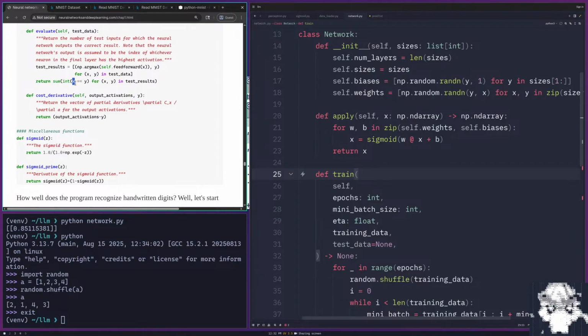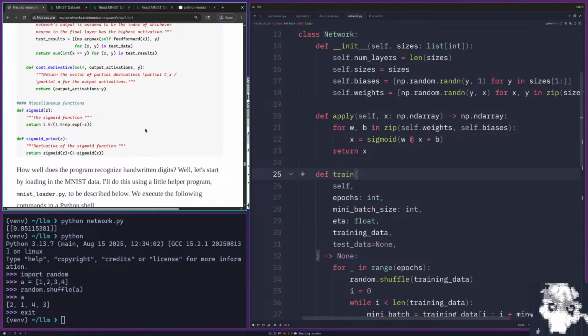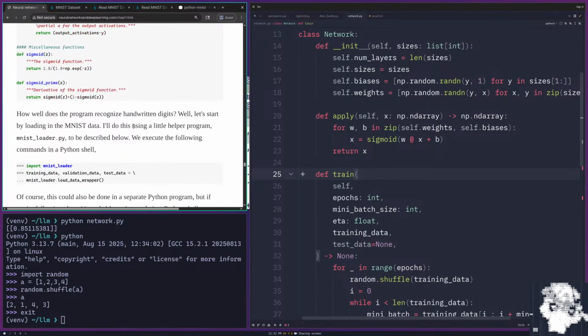So yeah, if the biggest one is equal to y, that means it's right. Cost derivative: return the vector of partial derivatives of C_x with respect to a for the output activations. And that's just a subtraction, I think. Hopefully they'll explain why that would be the case later.